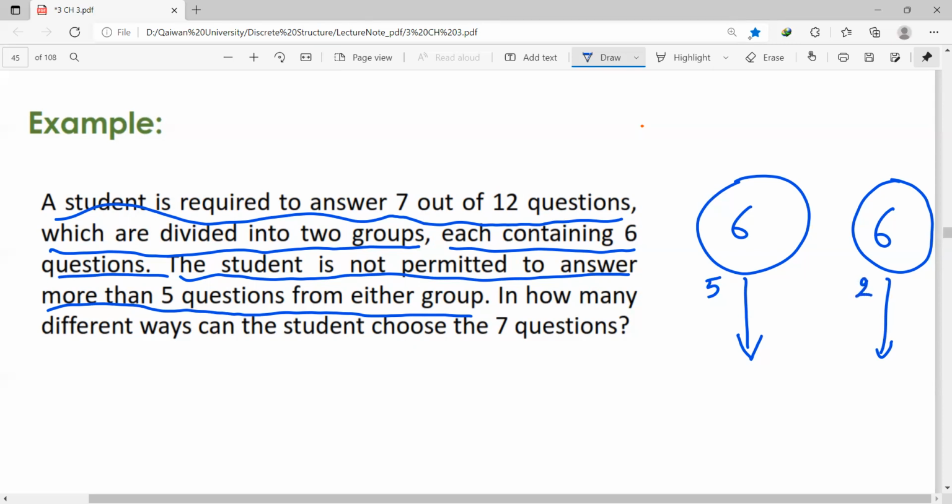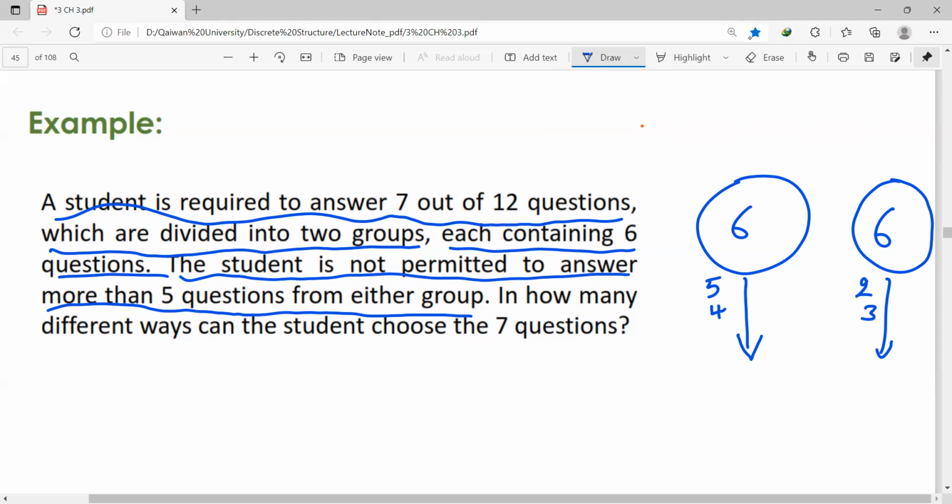That means always the sum of all answered questions must be 7. And when the student chooses 4 questions from this group, what's the rest of the questions that the student is required to answer? 3. Because the sum of both must be 7.